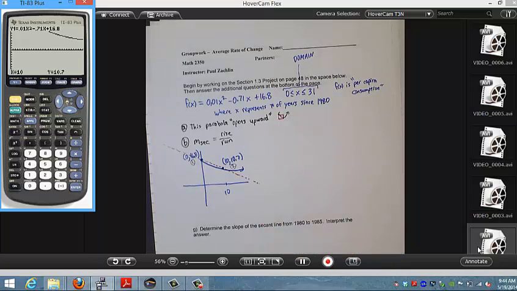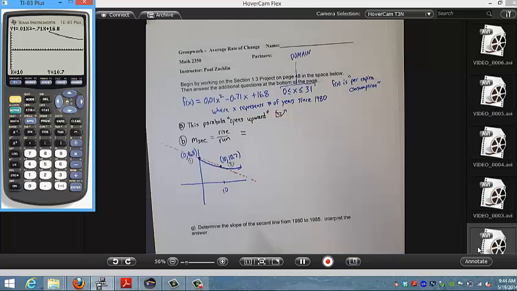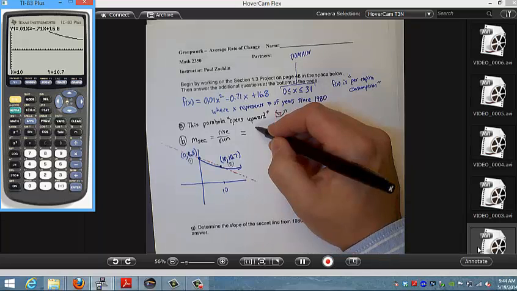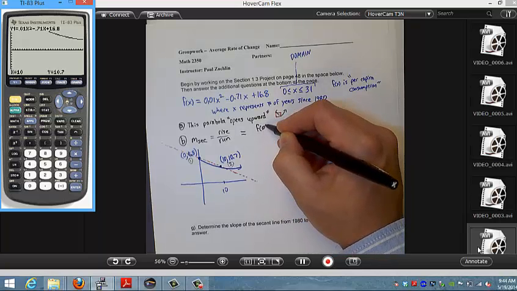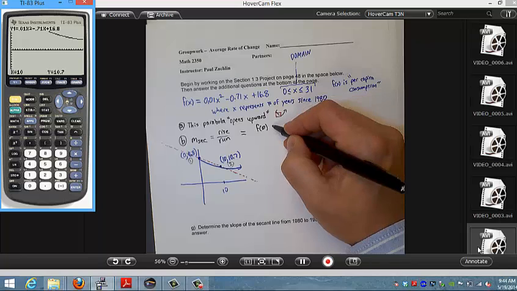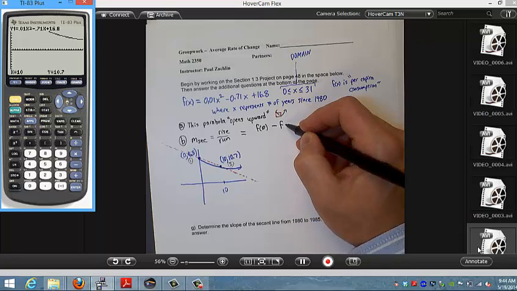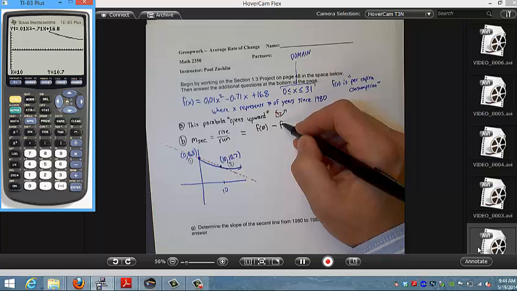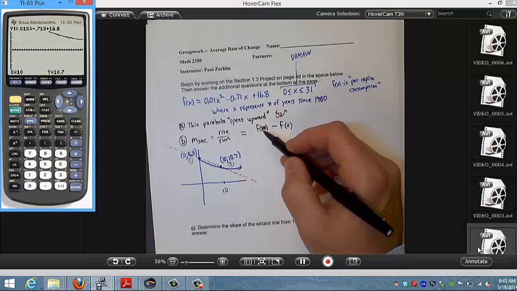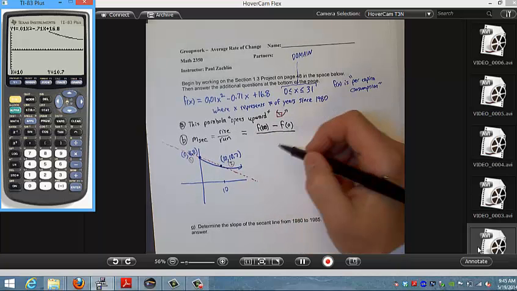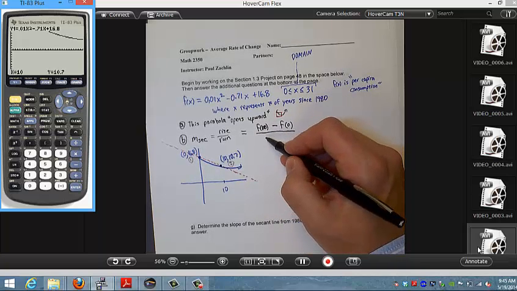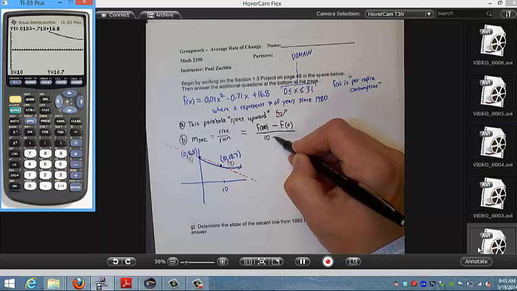And I'll go ahead and try to use the definition where it says y2 minus y1. What I really want is to take f of 10 and subtract f of 0, because those correspond to 1990 and 1980. And then for the run, I subtract the x's, 10 minus 0.